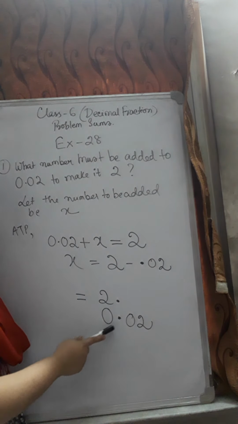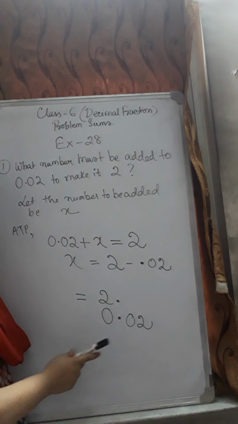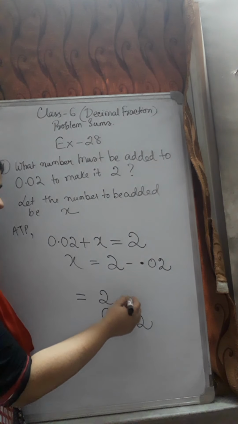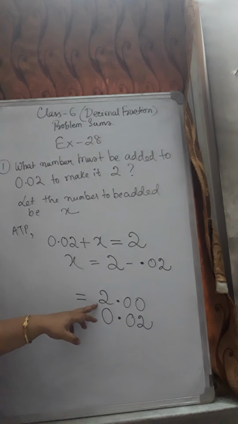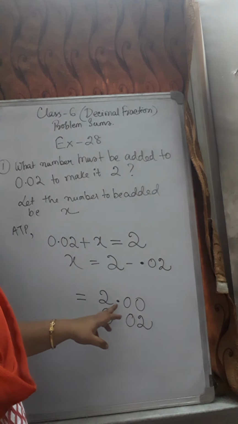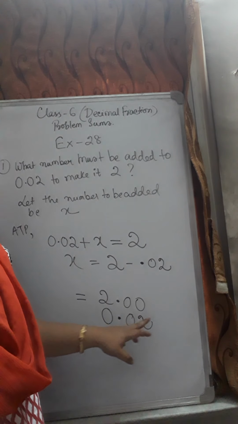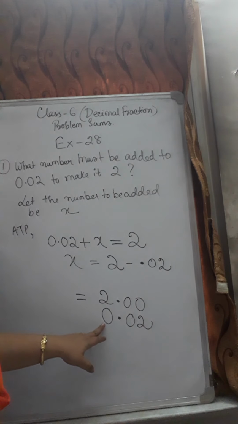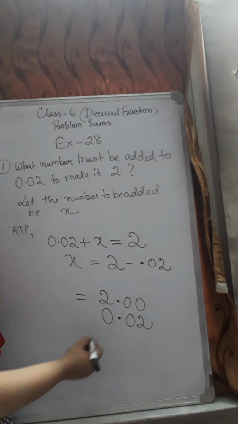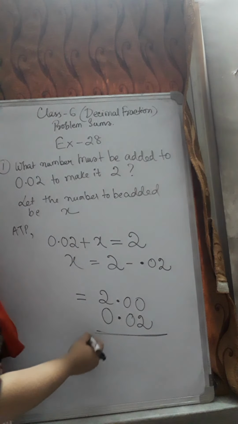So here we will fill it up with 0, and over here again we will fill it up with 0. So we are converting the whole number into a decimal number by adding zeros, and for the decimal number, I am writing the whole number part as 0. That will help me to do the subtraction.